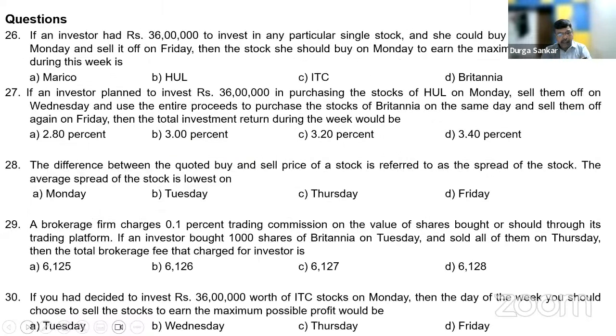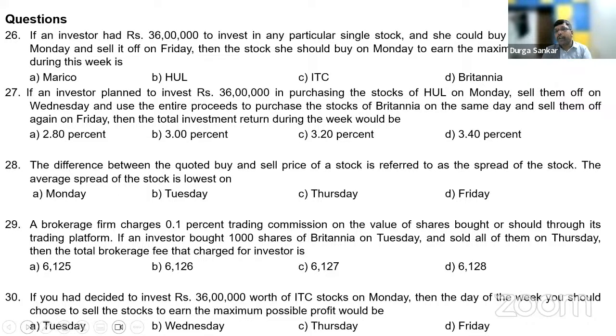If an investor had 36 lakhs to invest in any particular single stock, and she could buy the stock only on Monday and sell it off on Friday, then which stock should she buy on Monday to earn the maximum possible profit during the week?